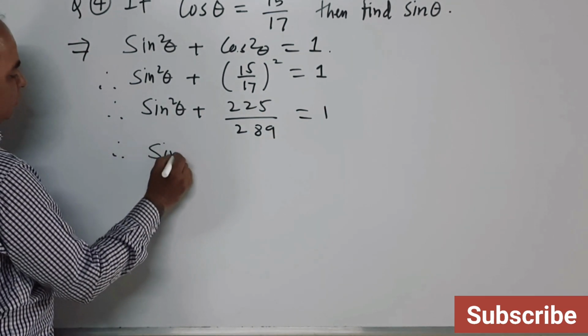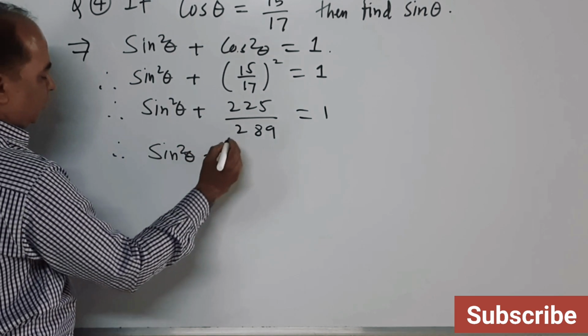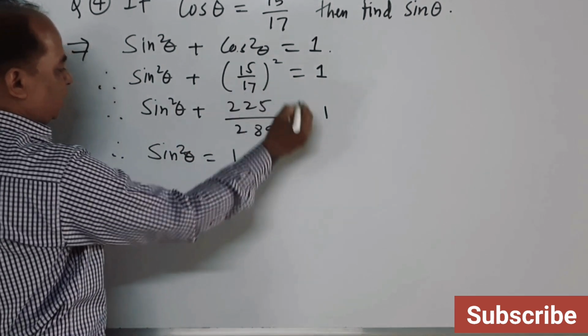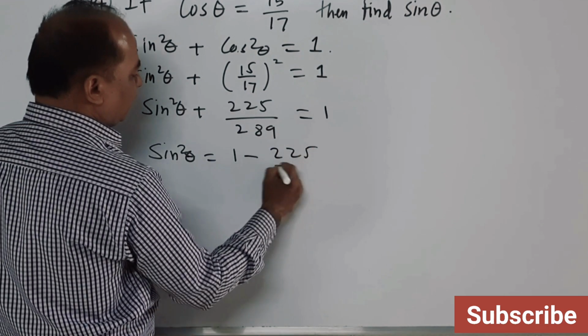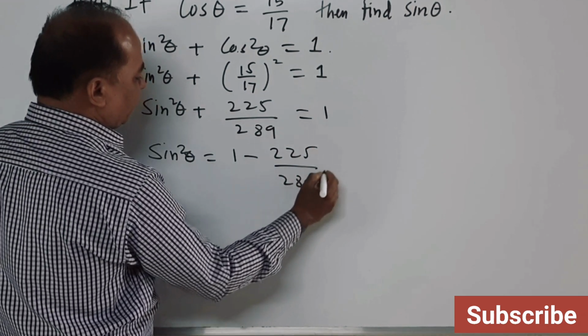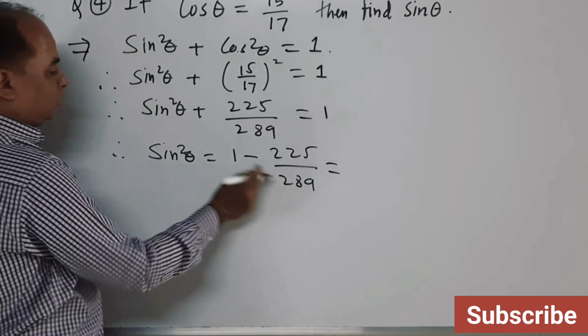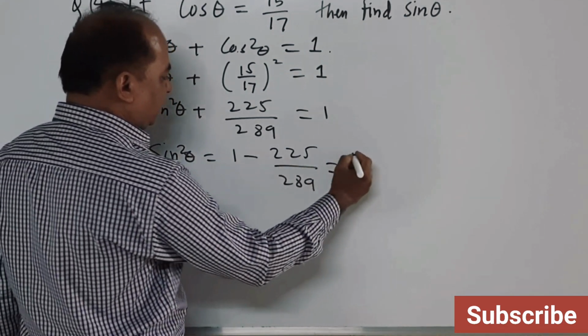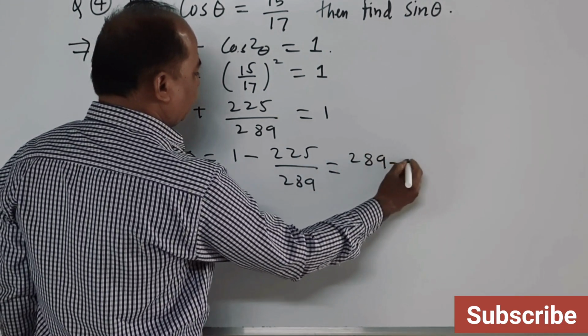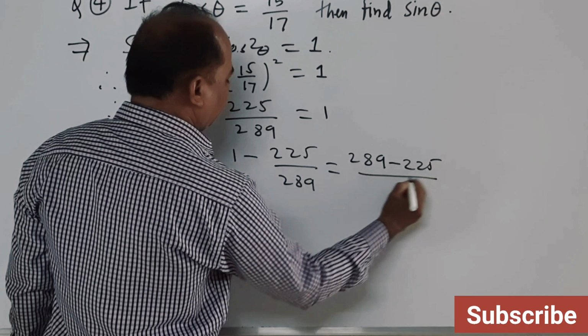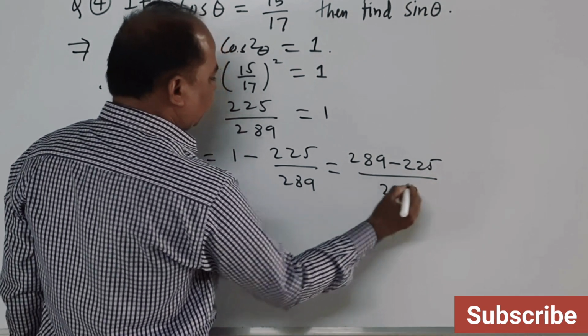Therefore sin square theta is equal to 1 minus 225 upon 289, which is equal to, cross multiply, 1 into 289, that is 289 minus 225 upon 289.